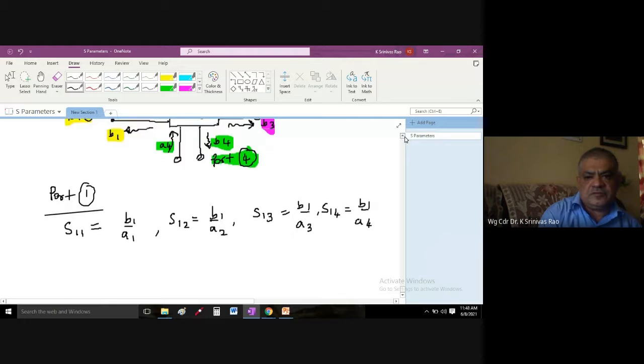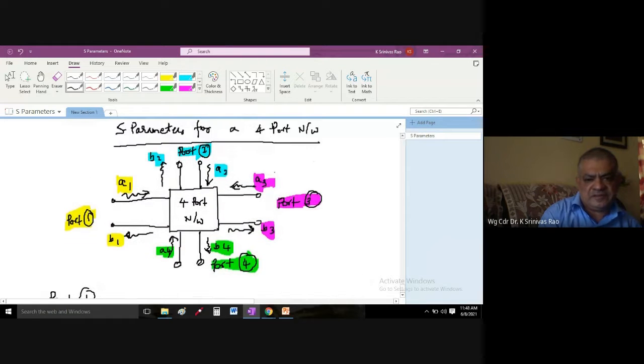If you analyze all these different ports, and I consider port 1 and want to calculate the reflection B1 at port 1 in total, then A1, A2, A3, A4 of all different ports contribute to B1. The incidents happening at other ports also affect B1. There are some reflections because of other incident waves.